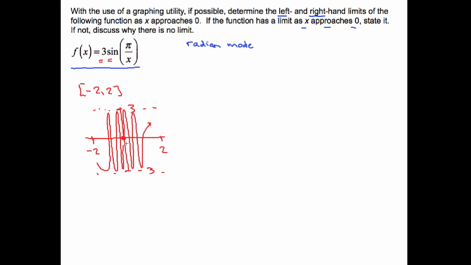So I'm going to now change the domain so I'm truly near 0. I'm going to change the domain that I graph so that I'll graph between -0.1 to 0.1. And again, when I do this, I'll label on my x-axis -0.1 to 0.1, and again on the y-axis I know the outputs will go between -3 and 3.